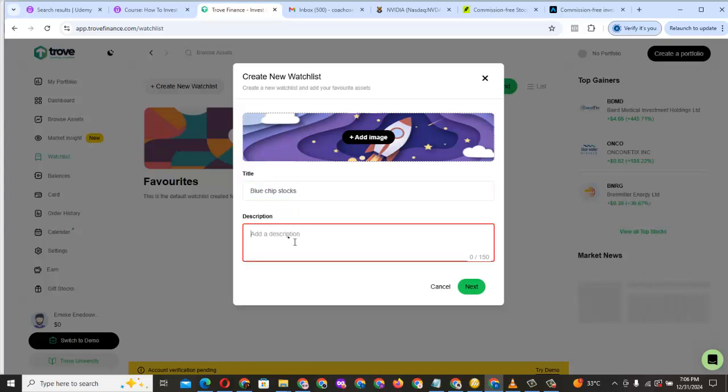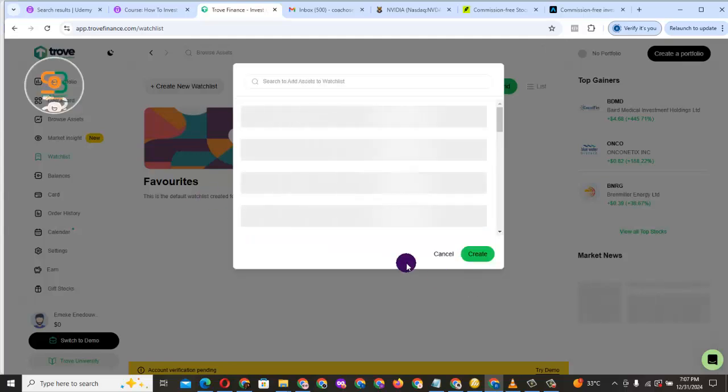And these blue chip stocks have to do with big companies, especially the 7 magnificent stocks. I will say high yield stocks to buy now. Okay, so I'll go ahead.